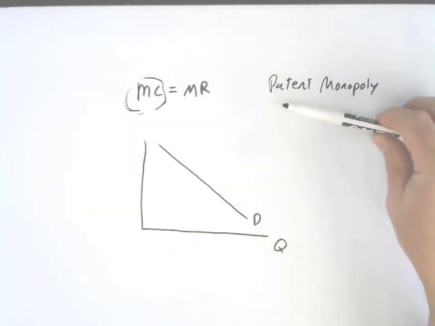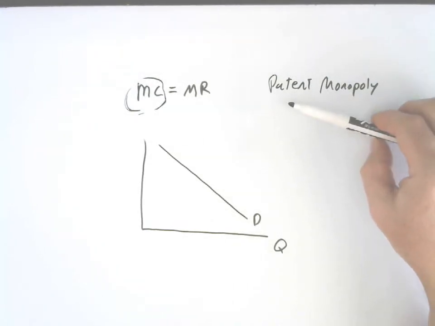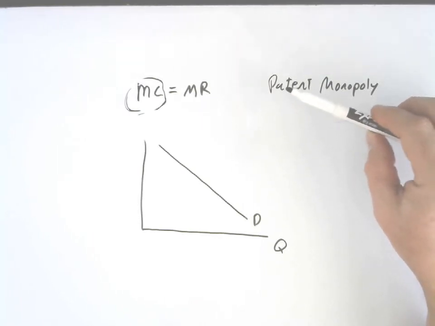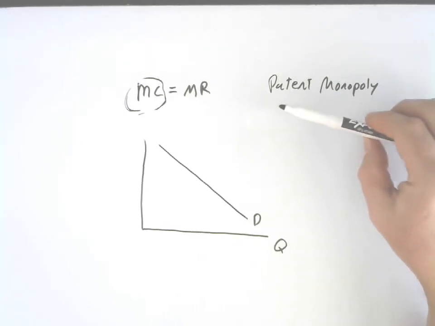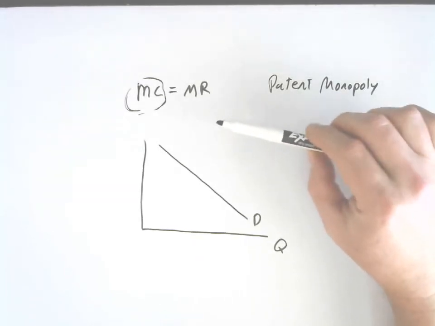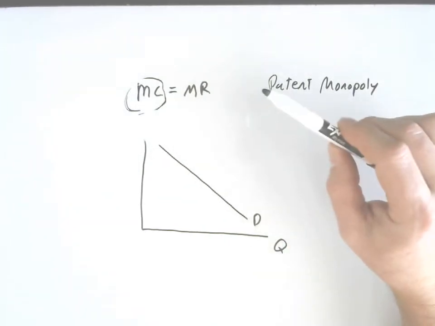Now, what this means with regard to marginal revenue is that a monopolist can't just produce more product and make more money. It can produce more product, but in order for it to sell more product, it has to lower the price, because it's facing a downward sloping demand curve.